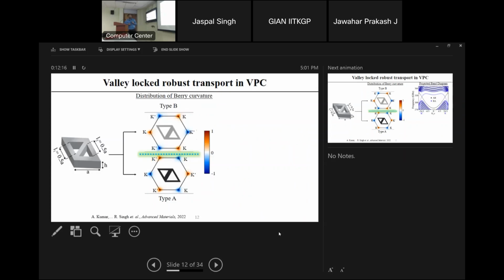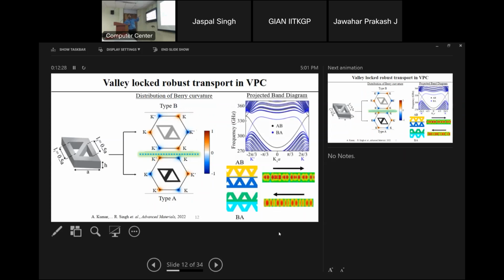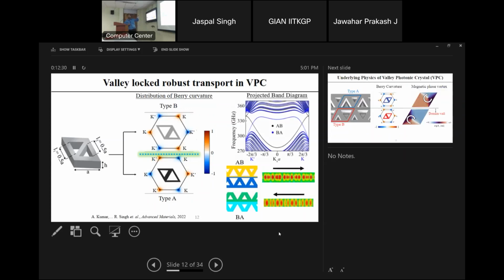We can start from identical triangles, then break them in such a way that the two are mirror images of each other. Having mirror images provides a different sort of dispersion. If we want to go into detail, we can.